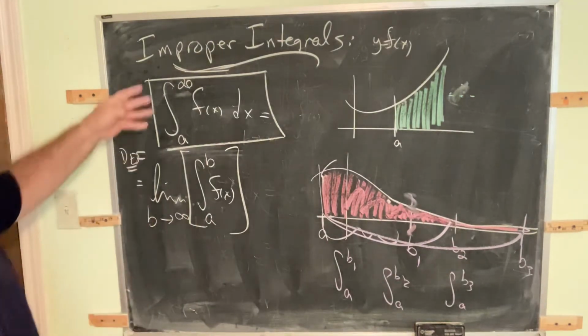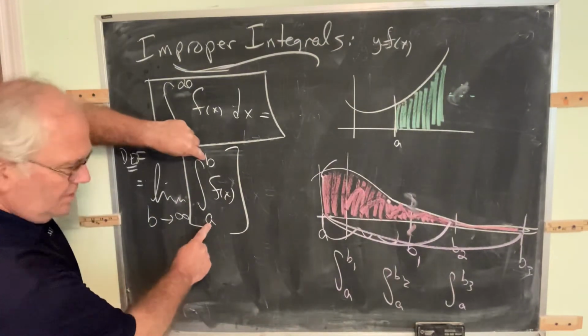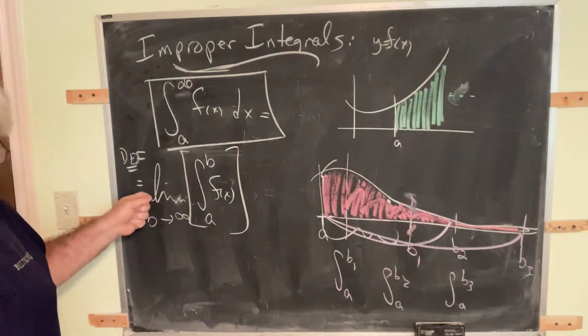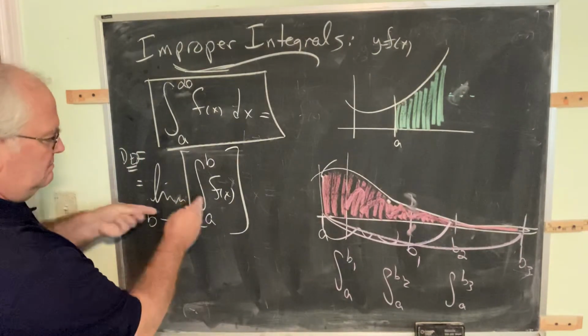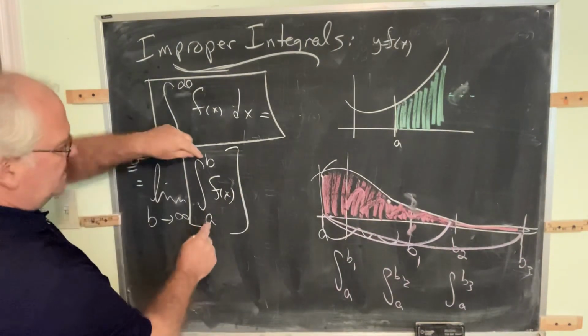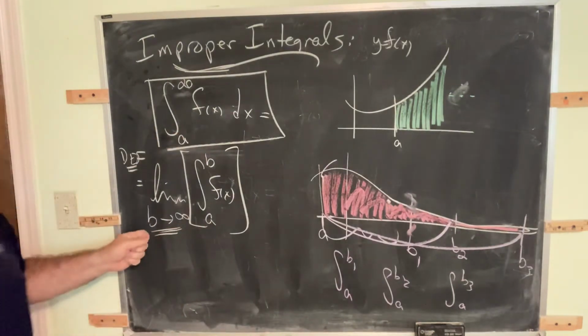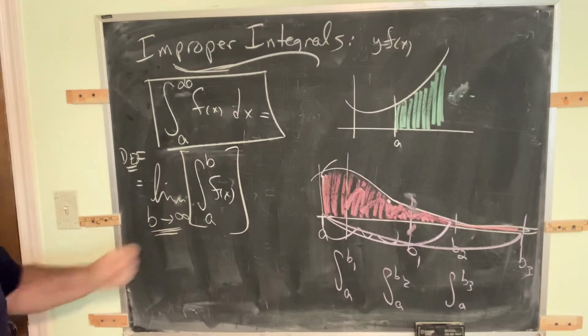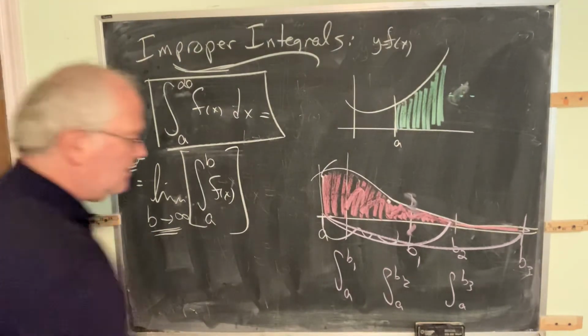That's the procedure. Replace with a limit statement, evaluate the integral, substitute the limits of integration, and then the last thing is you evaluate the limit. You work from the inside out. We'll go through several examples of this to make sure you have the feel.